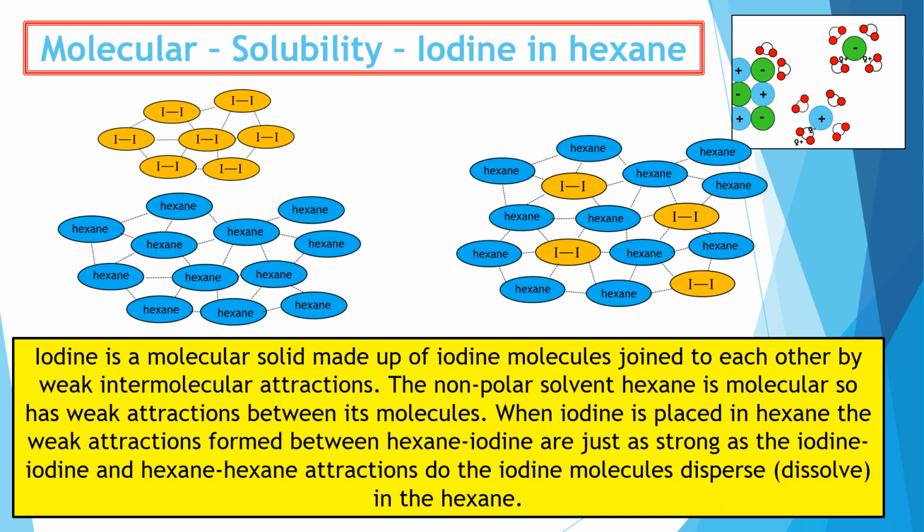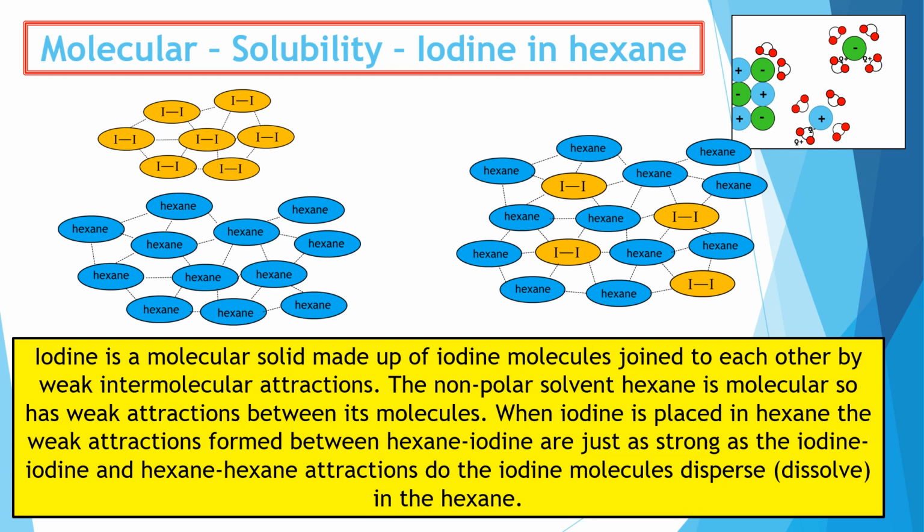So the reason this happens is the molecular solid of iodine can form weak attractions with the hexane that are just as strong as the attractions that the iodine molecules had to each other, or the hexane molecules have each other. So they just break apart and reform, and they dissolve.